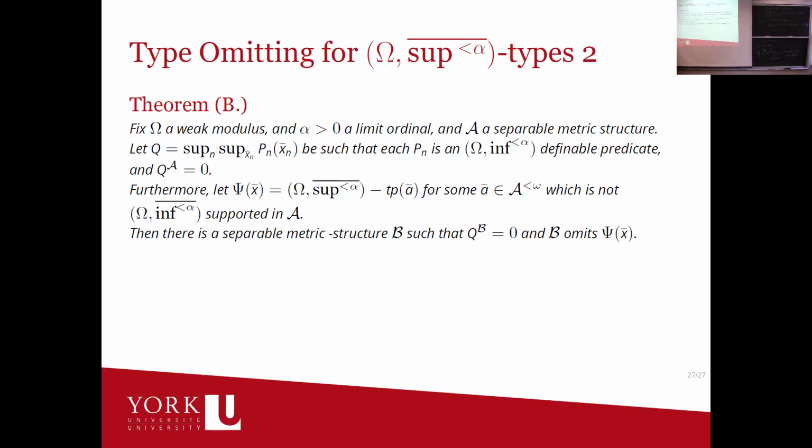So here this psi of x is omega comma sup less than alpha minus type of a. I didn't go through the entire definition, but it's all the omega formulas whose complexity is sub less than alpha, so is sub beta for some beta less than alpha, that are true of A. So it's a restricted type of alpha.